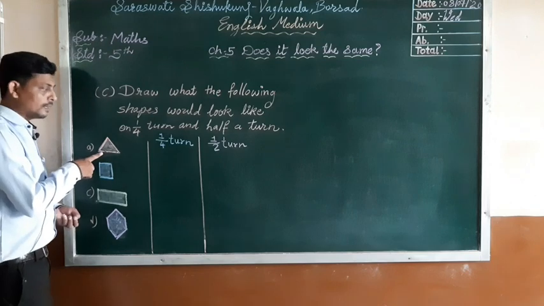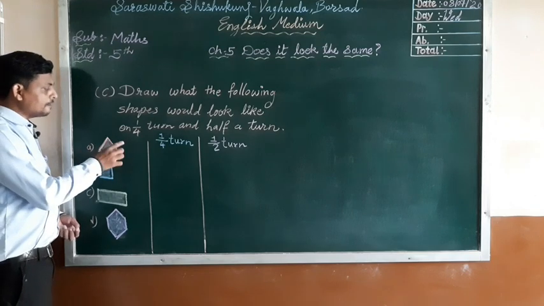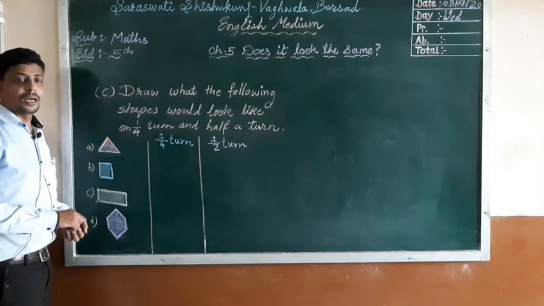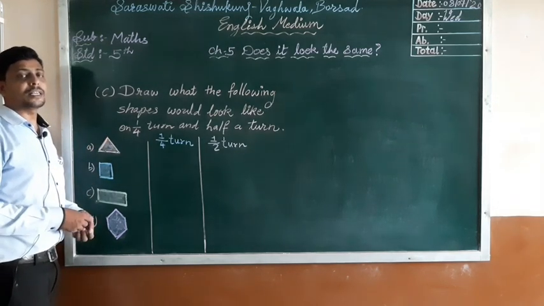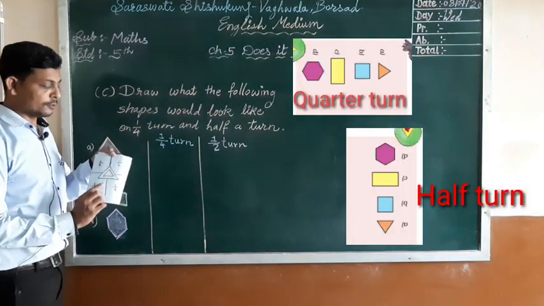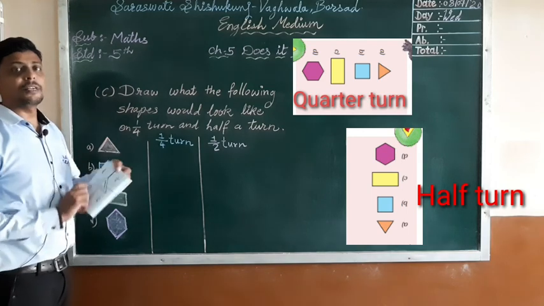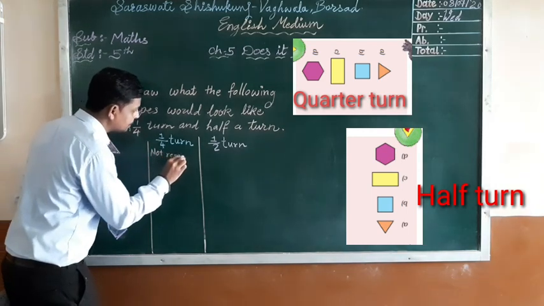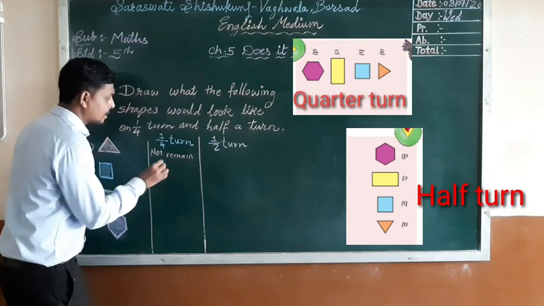First one is a triangle. If we rotate it into 1/4, then it will not remain the same. If I rotate this triangle into 1/4, then it will not remain the same.